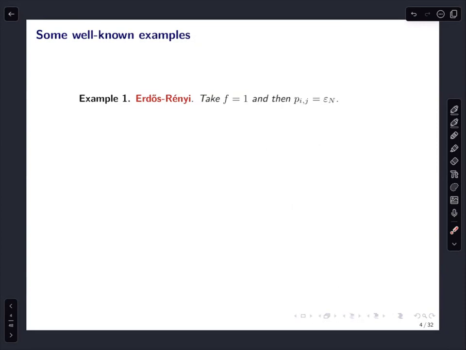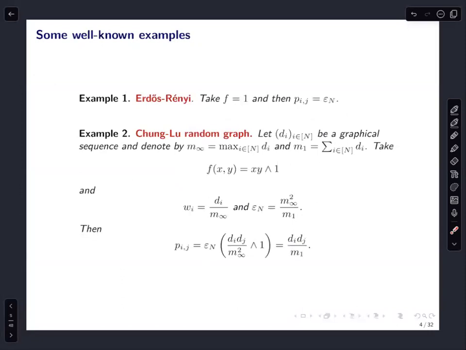So everything is the same. The second example, which Clara was also considering, is the Chung-Lu random graph. You take a sequence of degrees, the di sequence, which is graphical, so there is at least one graph with this degree sequence.